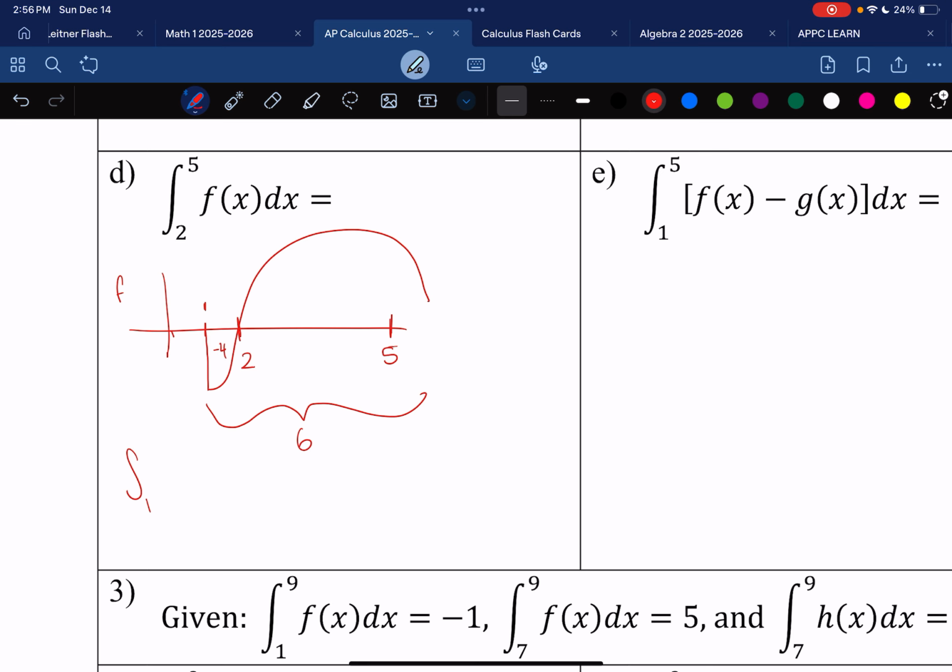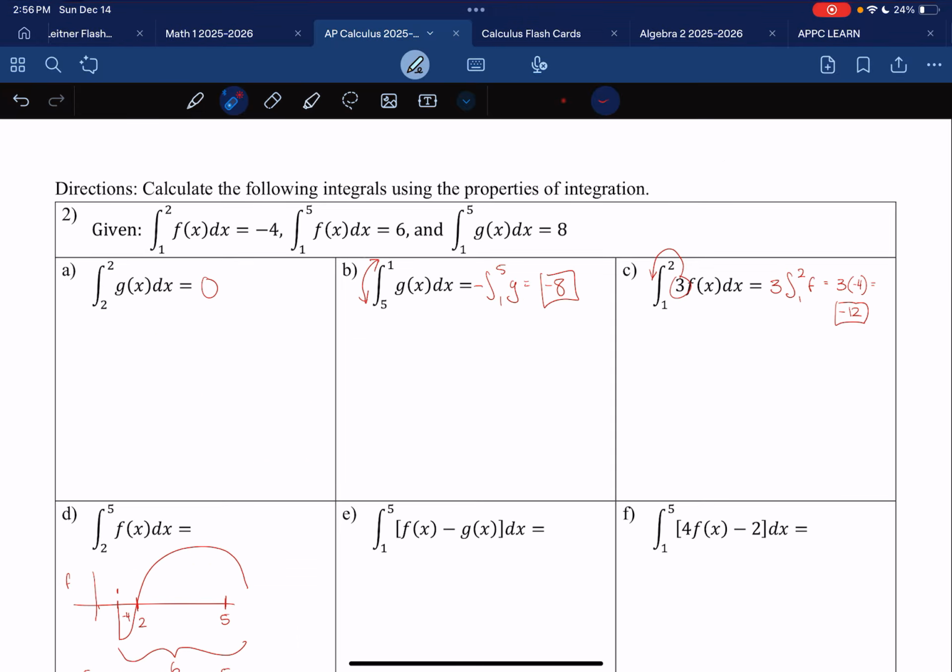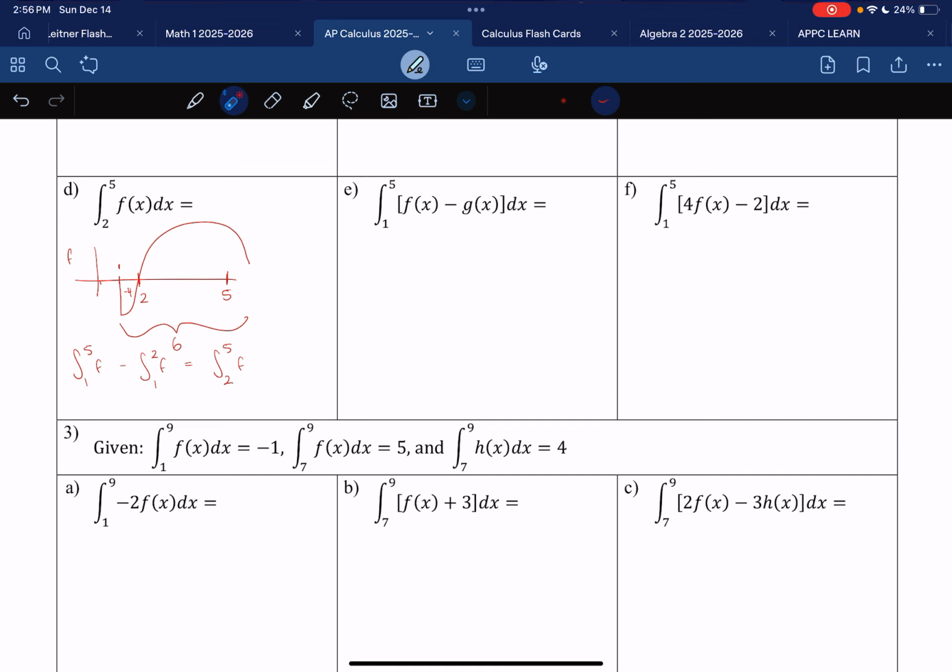So the total is the integral between 1 and 5 of f minus the integral from 1 to 2 of f. So the big piece minus this little piece will give you this piece that we wanted. It'll equal the piece that we wanted, this integral between 2 and 5 of f. Well, we know this, right? We know between 1 and 5, it tells us between 1 and 5 is 6. I can even use my graph up here.